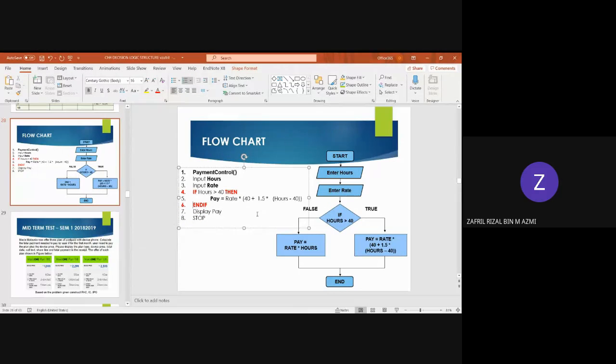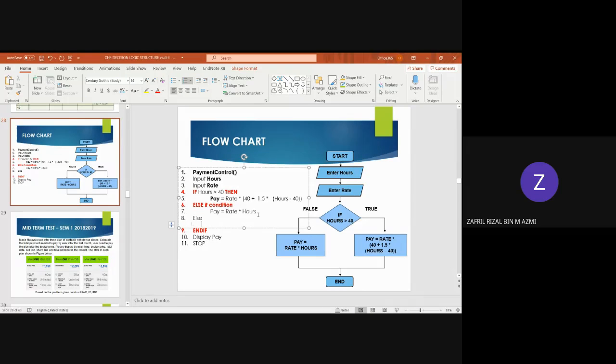Since we have two conditions, we must consider if and also else. If we have three conditions, dia kena ada else if, kan, and what's the condition? Condition, and then we must have else.